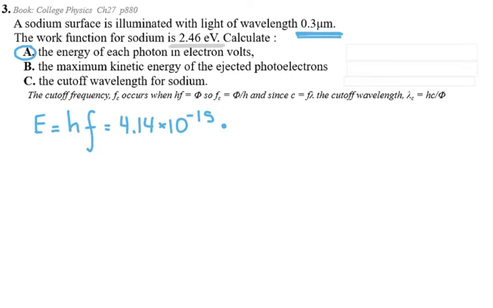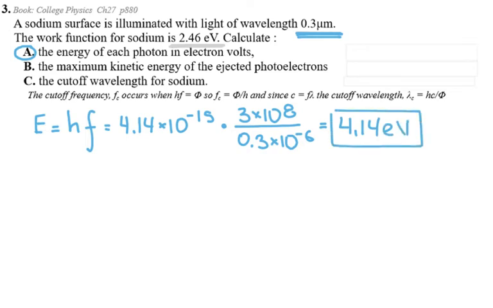So I have the speed of light, 3 × 10^8, divided by the wavelength, which is 0.3 micro, which is 10^-6. If I calculate that, I will get that the energy of the photon in electron volts is equal to 414 electron volts.